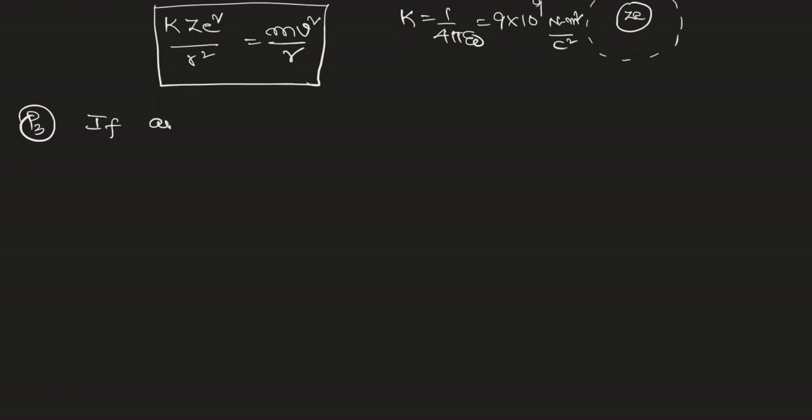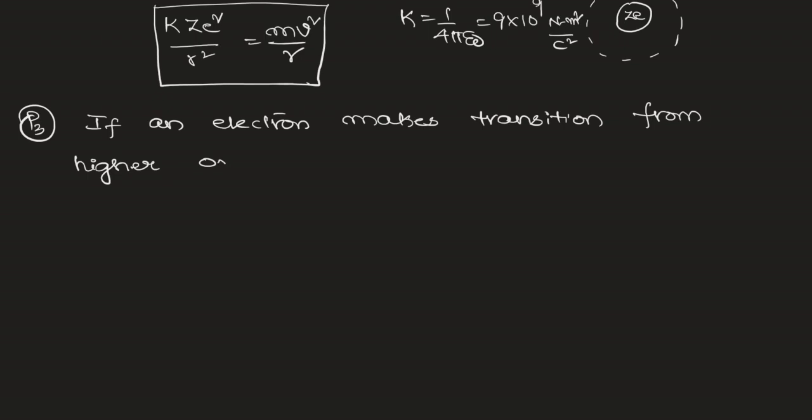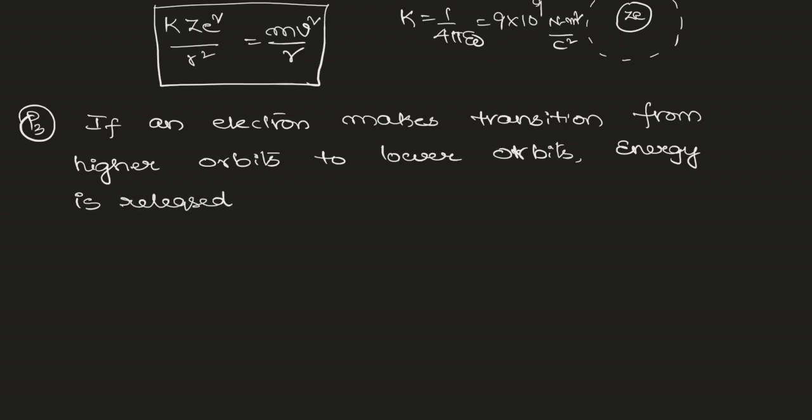If an electron makes a transition from a higher orbit to a lower orbit, energy is released in the form of radiation.